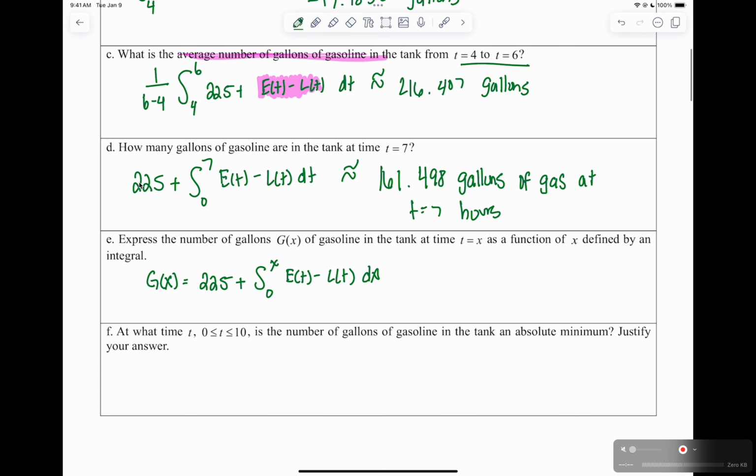And that's it. F says, at what time t from 0 to 10 is the number of gallons of gasoline an absolute minimum? Well, to find the absolute minimum, we need the derivative, which, guess what? E of t and L of t are derivatives, so that's great. And plus, if you were to take the derivative of g prime of x, that derivative there is just E of x minus L of x, which, guess what?